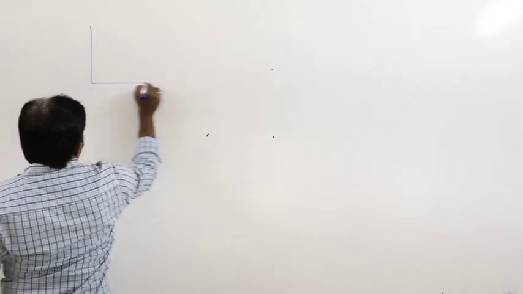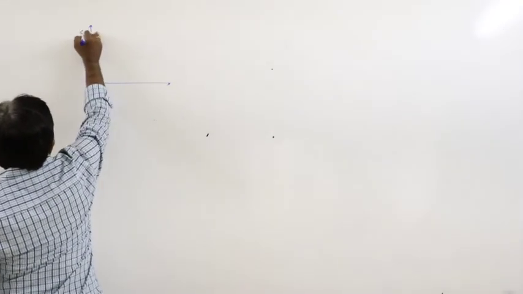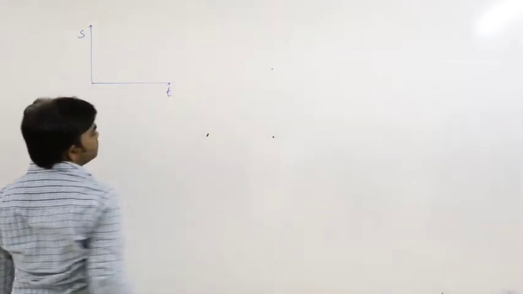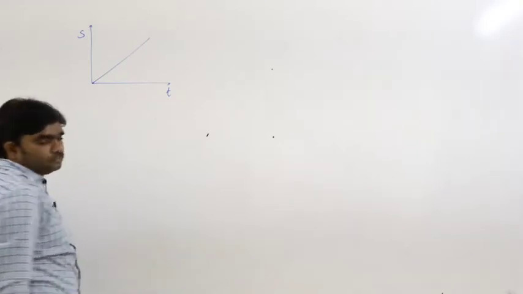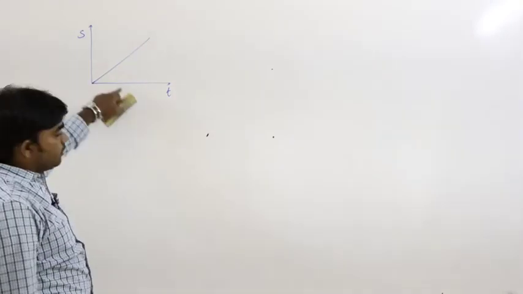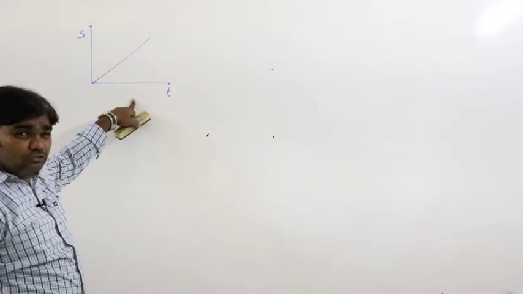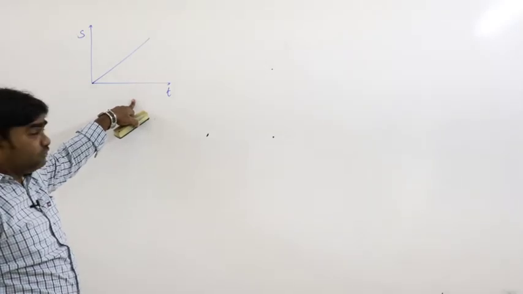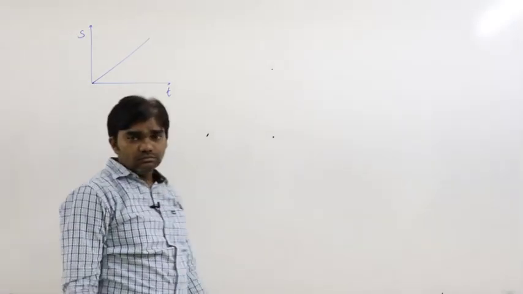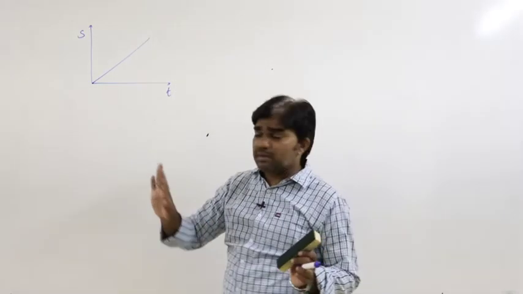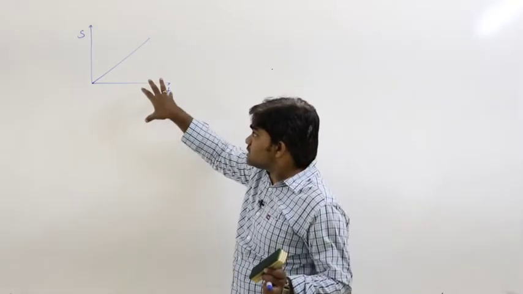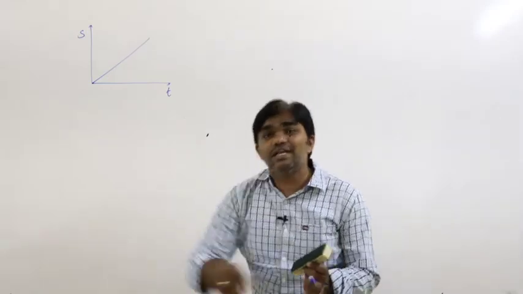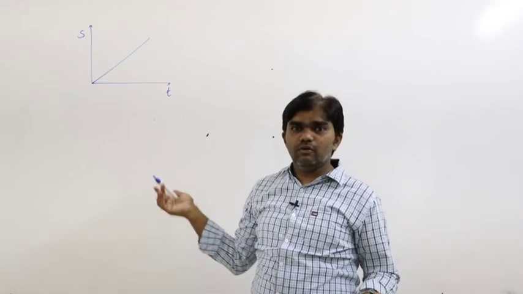For example, if they mention a displacement time graph, if the displacement time graph is this one, how can you find the velocity time graph for the same situation? They just mention the displacement time graph like this. How can you represent the same graph in terms of a velocity time graph? So they may give options.